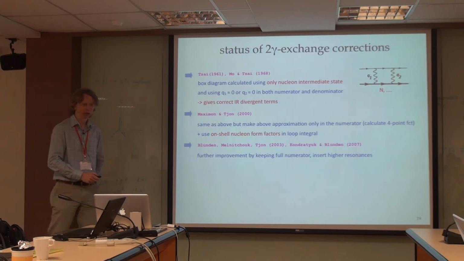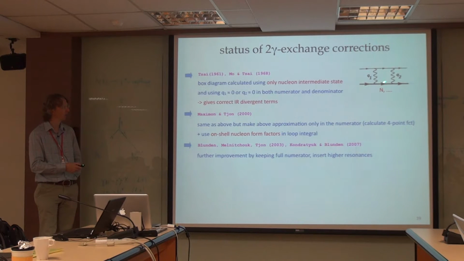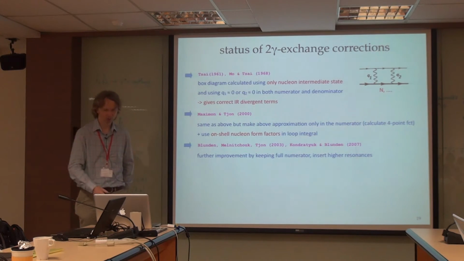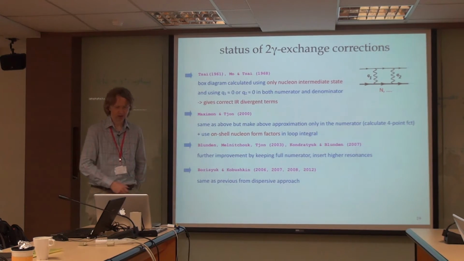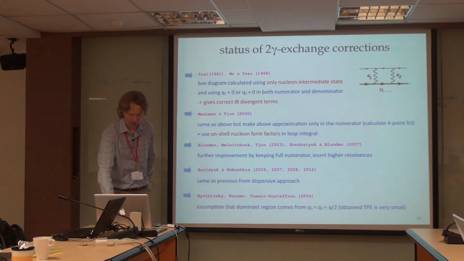Now, a few years after that, people improved further on this by doing a full numerical calculation, not making any approximation for this momentum dependence. The only approximation still being made is assuming this is a nucleon, and one is using here for these couplings on-shell form factors. And actually, a similar approach has also been done within a dispersion calculation.